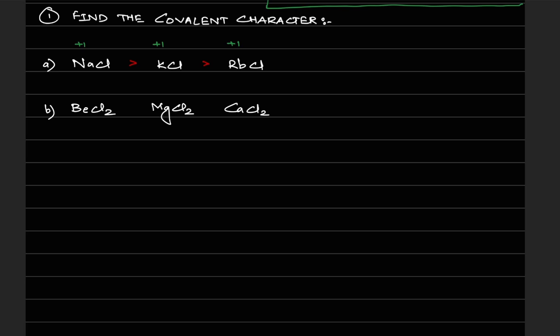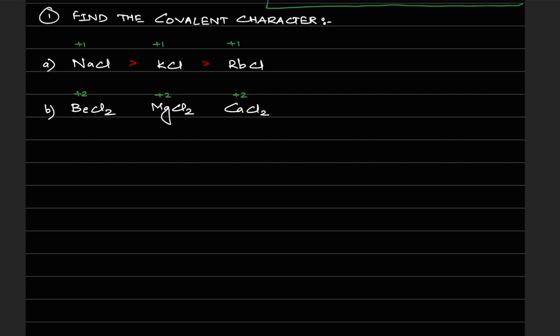Now the cations: beryllium is +2, magnesium is also +2, and calcium is also +2. So the cations also have the same charges, so that dependency is also out of the picture. The only dependent factor now is the size.